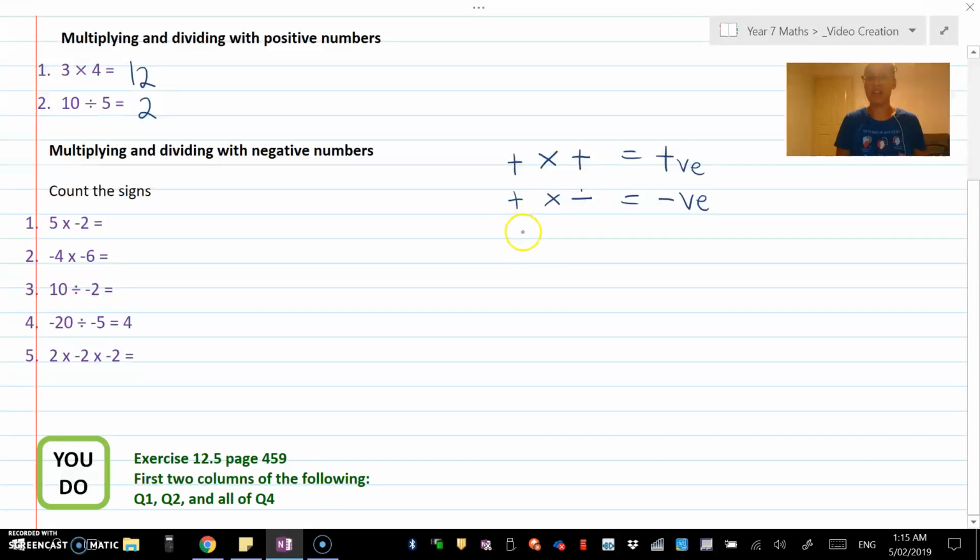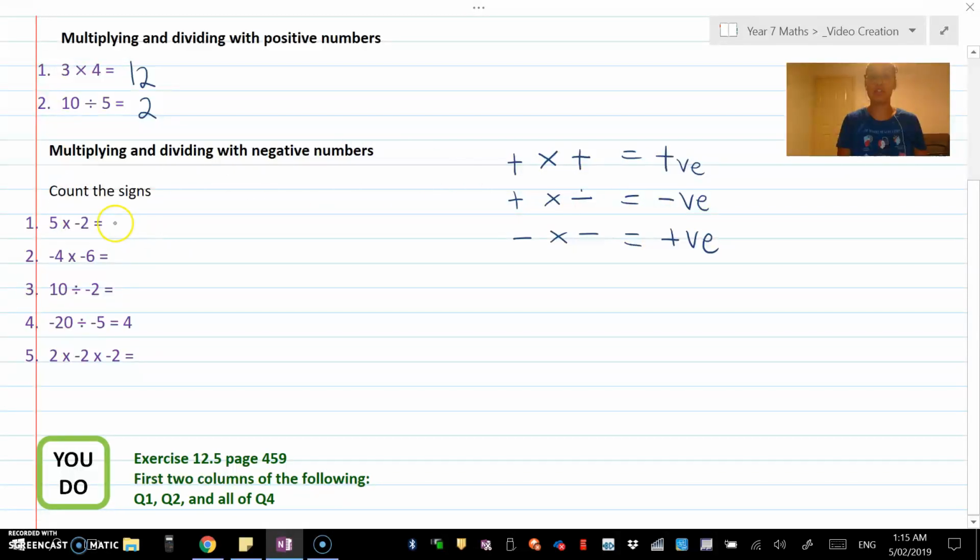And obviously, if you went the other way, it'd still be a negative. And if you had two negatives, it was going to be a positive. So that's just to keep in mind. I'll talk more about when you have these ones here in a moment. So we treat it like a normal multiplication, and then you just count the signs to decide whether you need to make it a positive or a negative number.